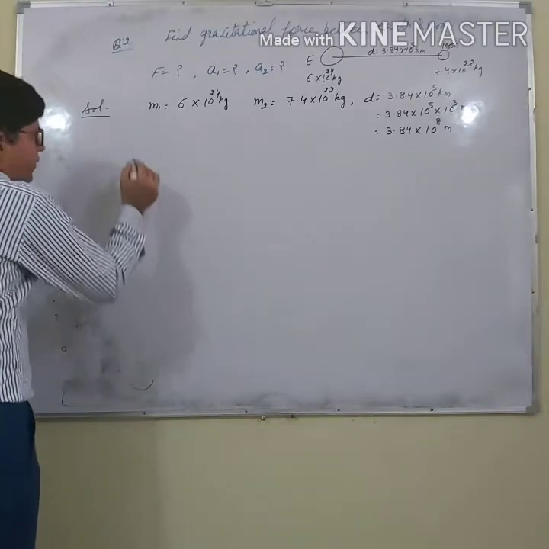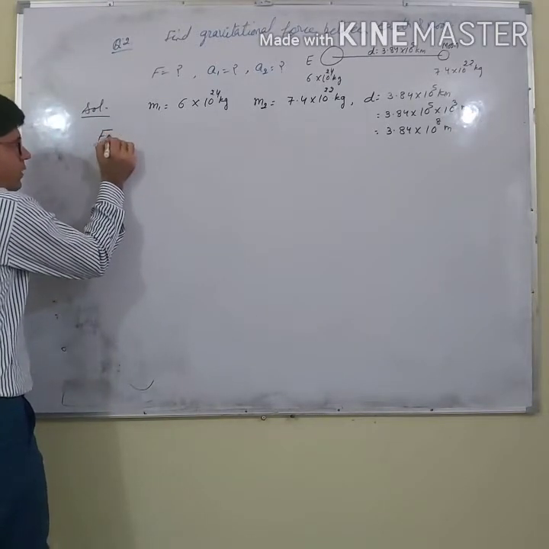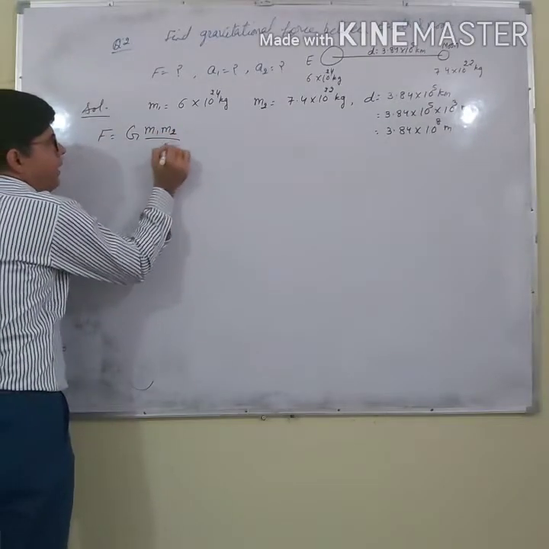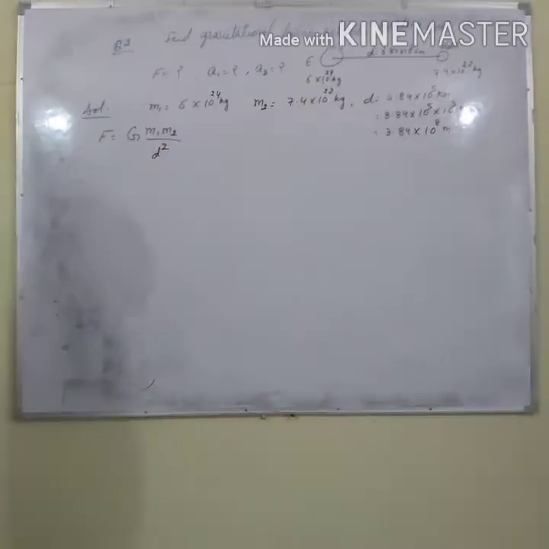Now what is the force? The formula of force is F = G m1 m2 / d².